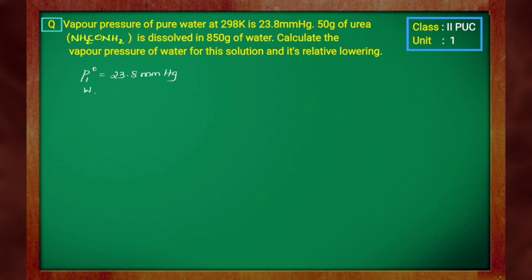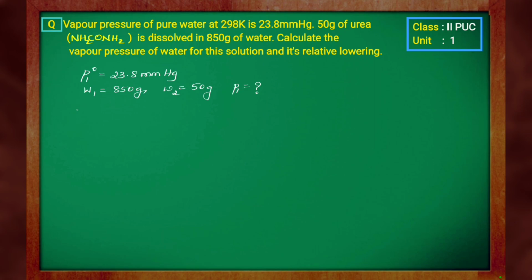The weight of solvent, water, is W1 = 850 gram. The weight of solute is W2 = 50 gram. We need to calculate the vapor pressure of water, that is P1, and also the relative lowering of vapor pressure.